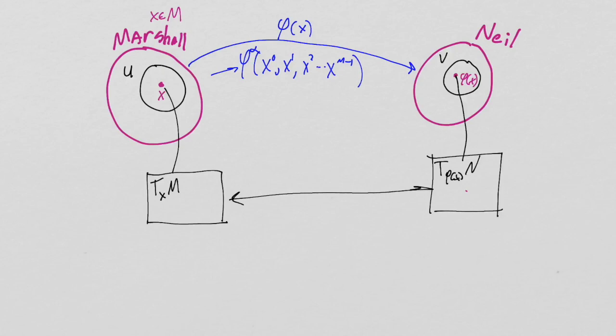If I put a star here, and talked about the dual space of Marshall and the dual space of Neal, is there a way of talking about a mapping between those two spaces? I guess if it was a dual space, it would look something like this, the space of one forms. The space of one forms, you would write like this, I think.